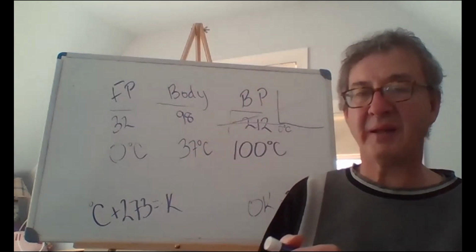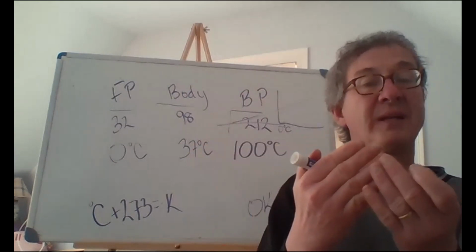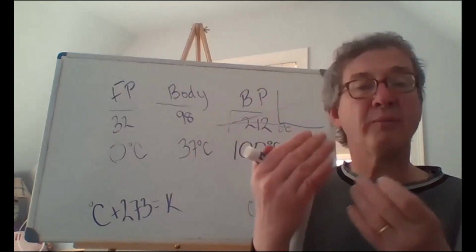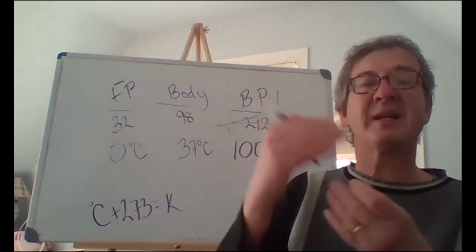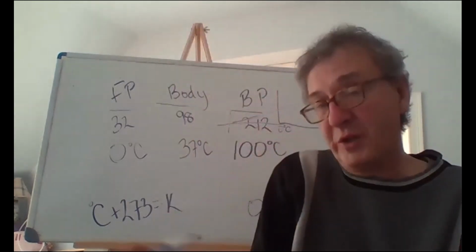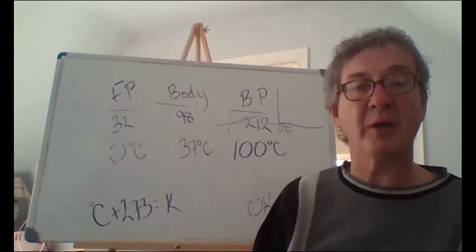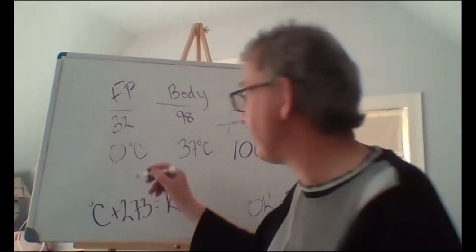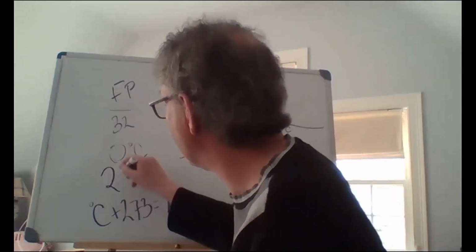I think I'm doing this badly. But whatever the Kelvin is, you subtract 273. So what really matters is Kelvin is 273 more. And you do need to memorize that number. 0 degrees Celsius plus 273 is Kelvin.